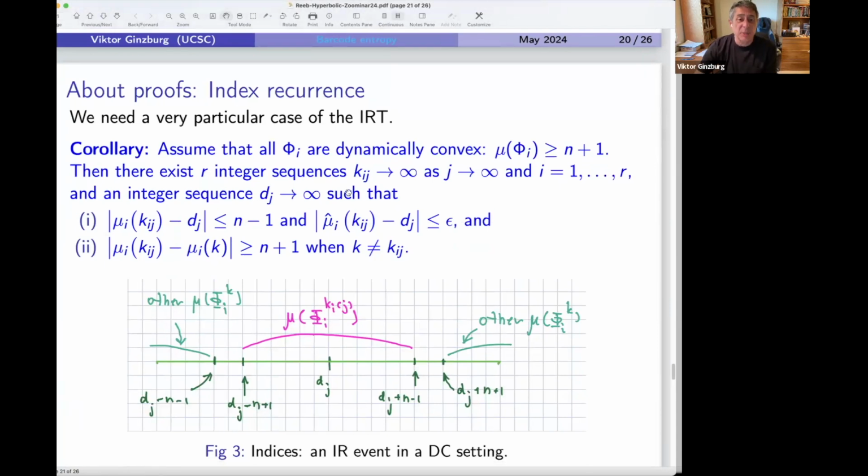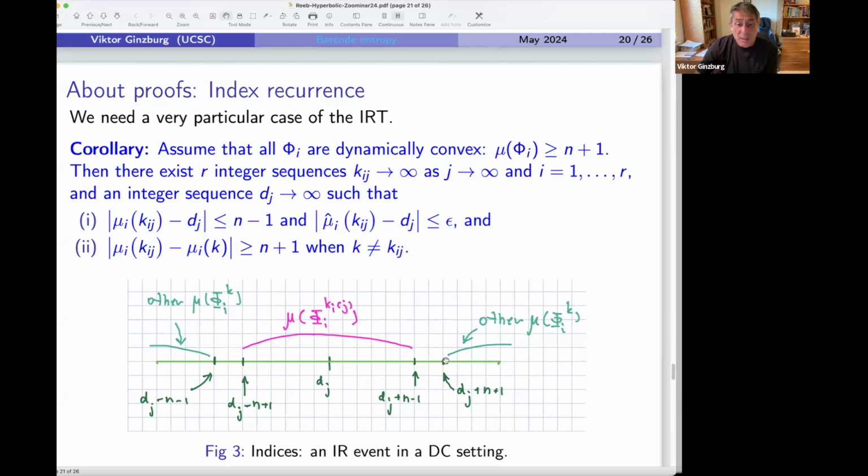There is a sequence of iterations k_ij, where i is the label of our symplectic map, such that all the k_ij iterations are within some finite distance n-1 from this d_j. So they are in this finite, very controlled interval, and this d_j is the same for all maps in our collection.